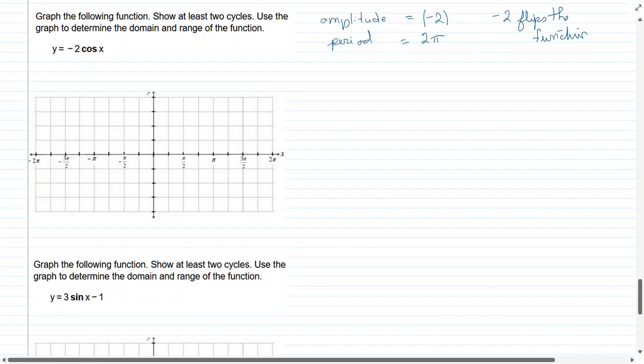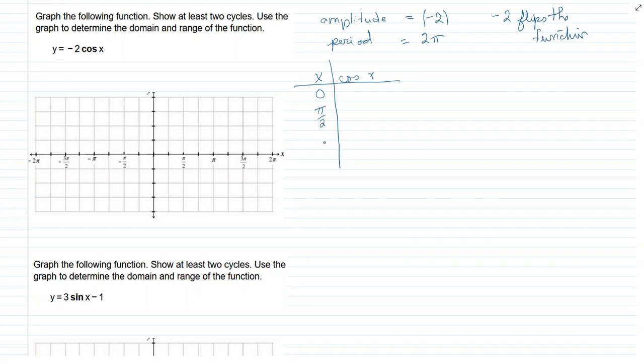Okay, because I know it's 2 pi, I have the standard amount. So I have the quadrantals, 0, pi halves, pi, 3 pi halves, and 2 pi.